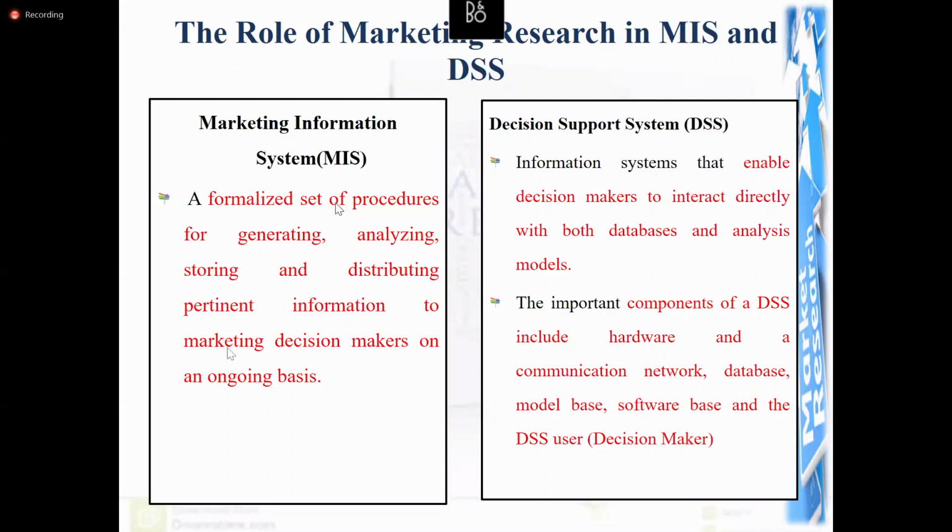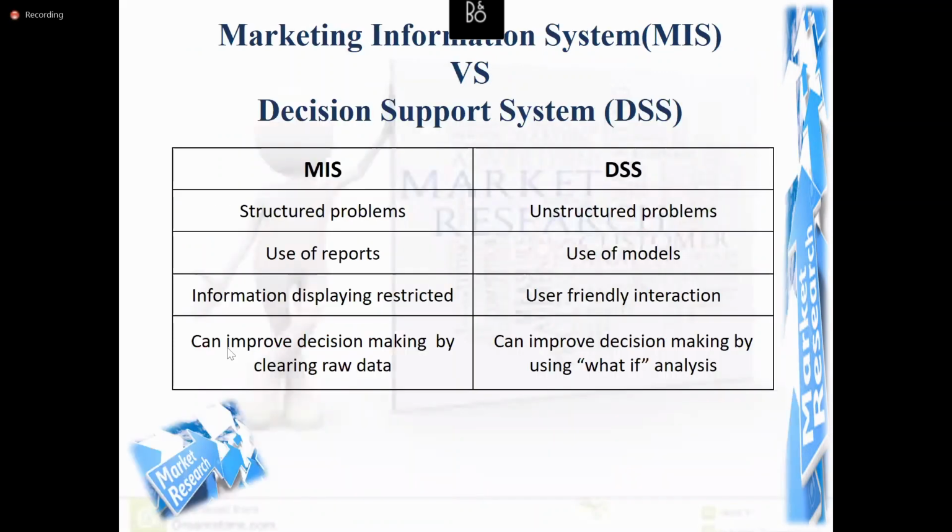But the marketing information system is connected with marketing research and subsequently the information that is available. So we have to, to a certain extent, understand how these two systems are different, in an abstracted form.